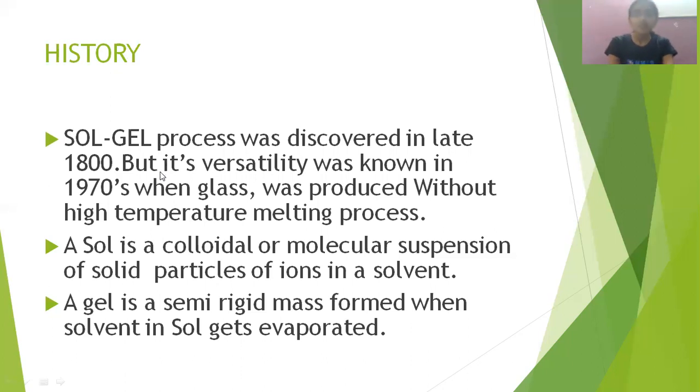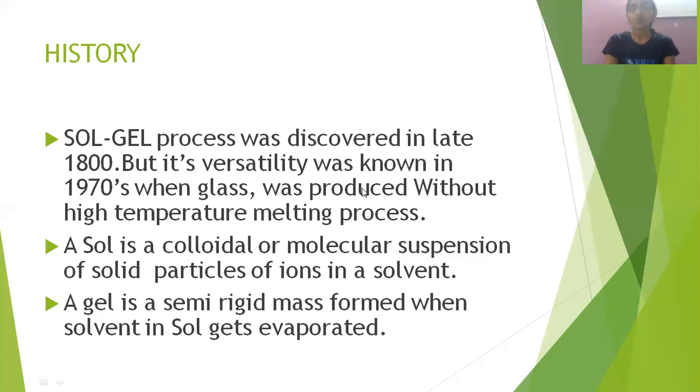The reason is that in the 1970s they produced glass with the help of the sol-gel process instead of high temperature melting. Generally, we manufacture glass by melting it at high temperatures, but with the sol-gel process they produced glass in the 1970s. Then people came to know the importance of this process.